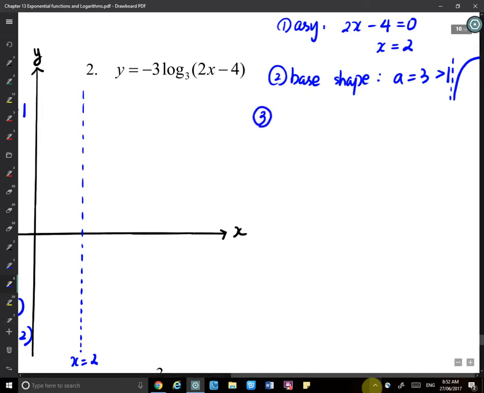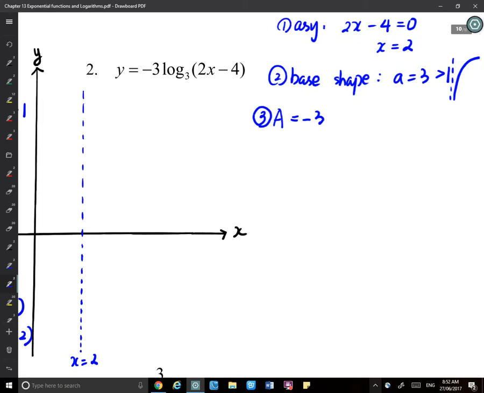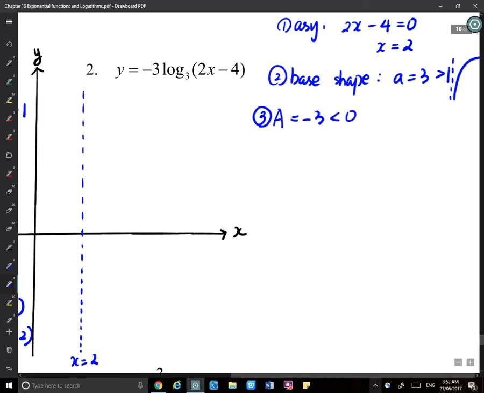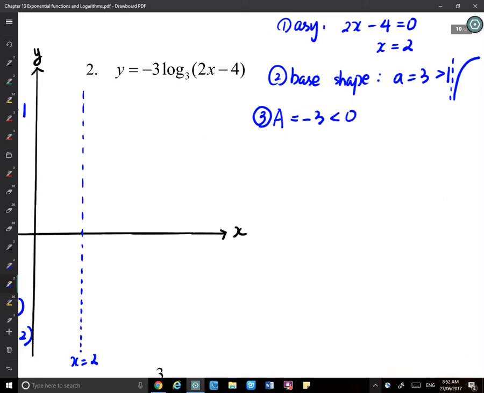Number 3, think about the reflection. Capital A equals to -3 because it's the number times in front of the log. And that number is less than 0. So it will get reflected. Reflected by which axis? X or Y?